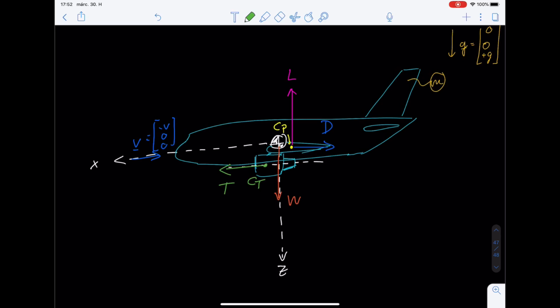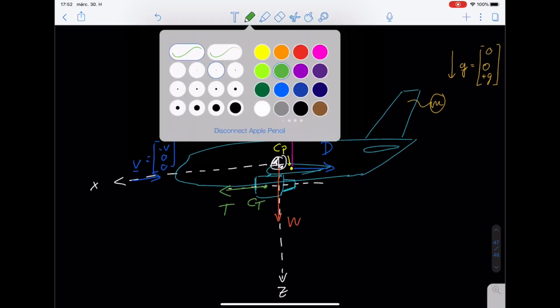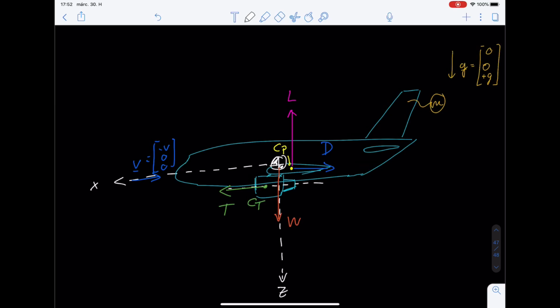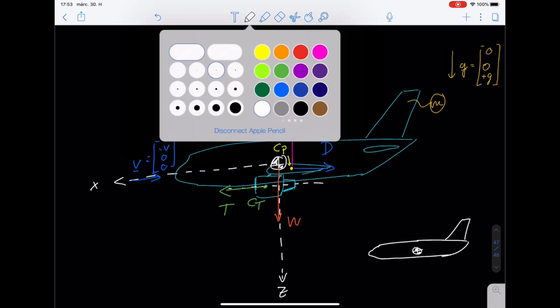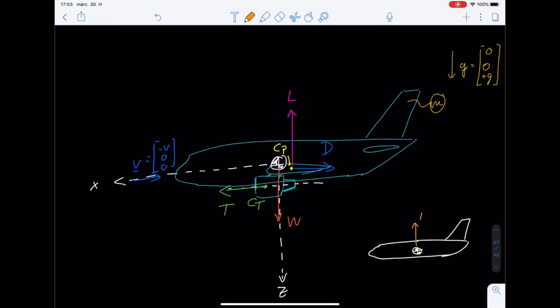the forces on the aircraft are not going to look like the simplified drawing we had initially, where we said that the center of gravity, so here you have center of gravity, and you have the lift, drag, thrust, and the weight of the aircraft acting alone, right?